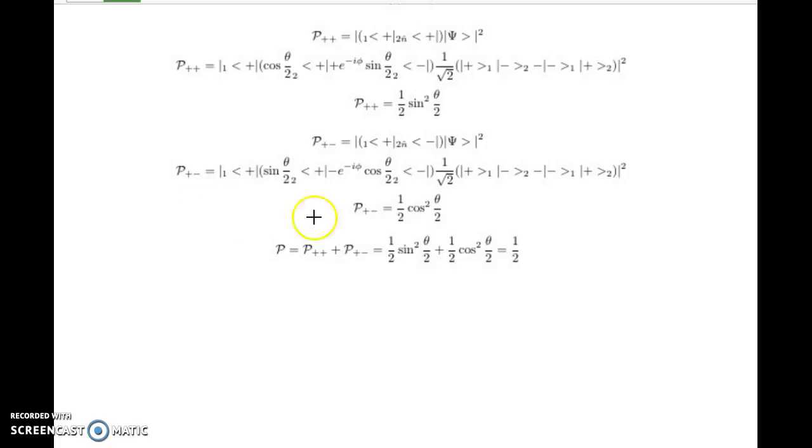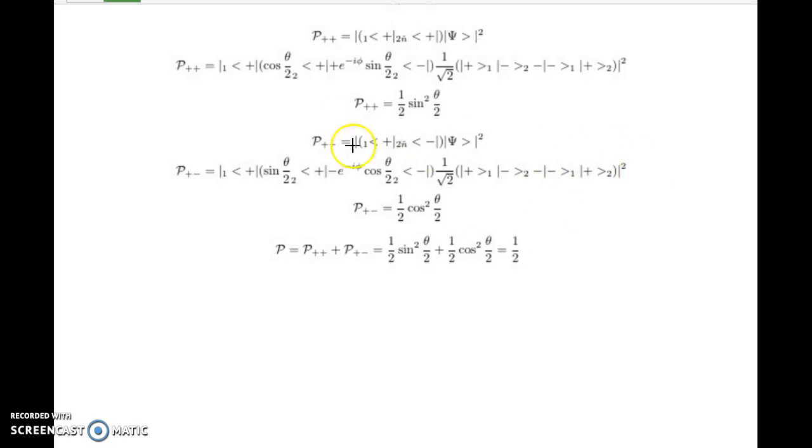And then we do the same thing for plus minus, except this time this is a minus instead of a plus. And so what that's going to do is it's just going to kind of reverse the function. So this is now a sine, this is now a cosine, and we have a minus. And then this function is still the same.